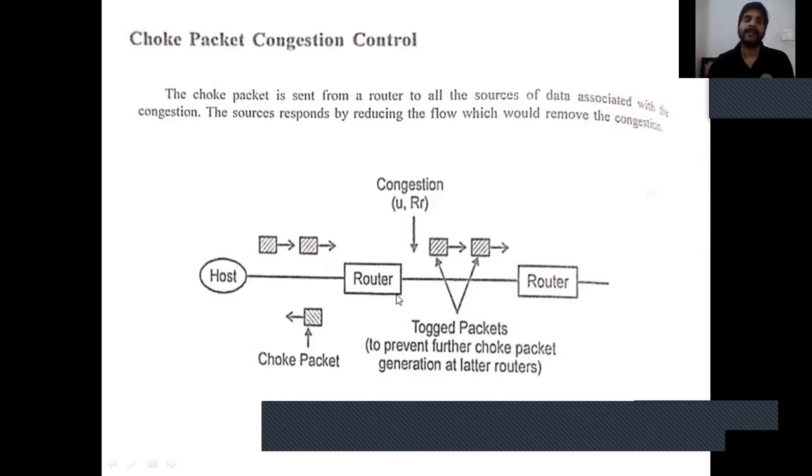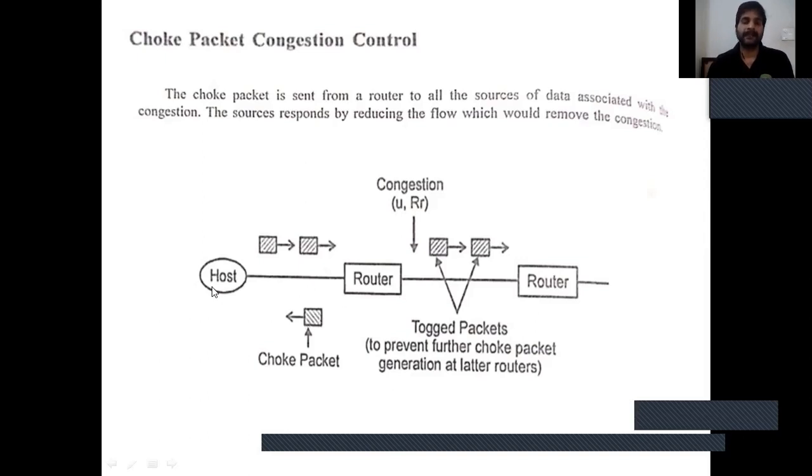So the router creates a choke packet, and this choke packet is sent to the host to inform the host that a congestion situation has been created. So slow down the sending, slow down the process of sending packets. Next, a tag packet is also generated by this router.